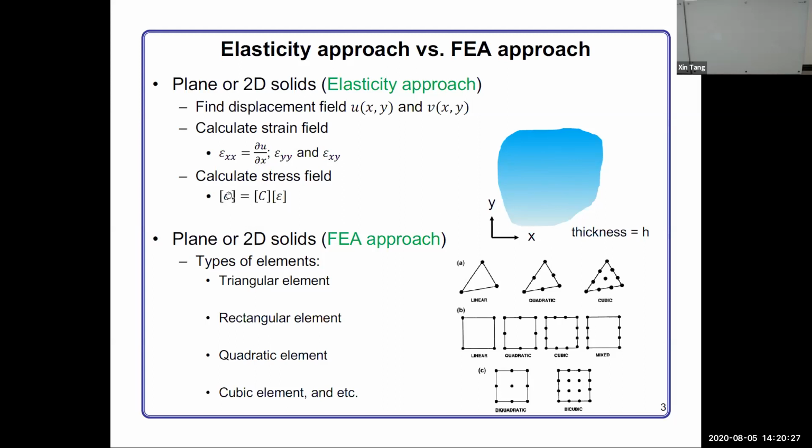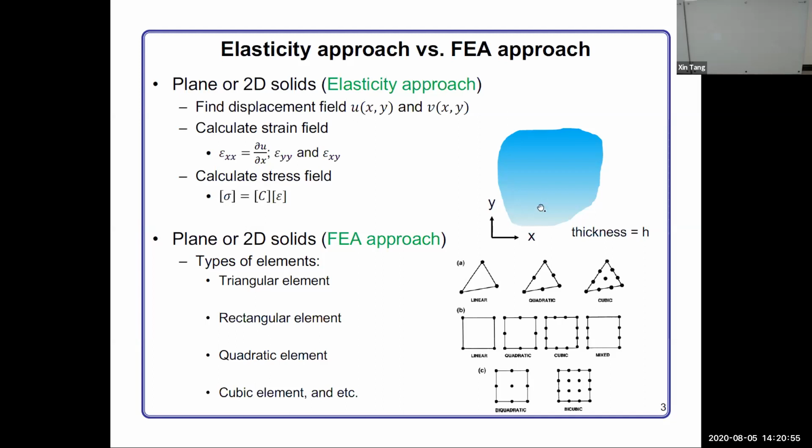Here, remember in your elastic class, what you learned is a stress tensor, or we call it a stress matrix. It has 9 components. It has 3 normal stress and then 3 shear stress. Later on in the class, we will show you the full matrix in the next few slides.